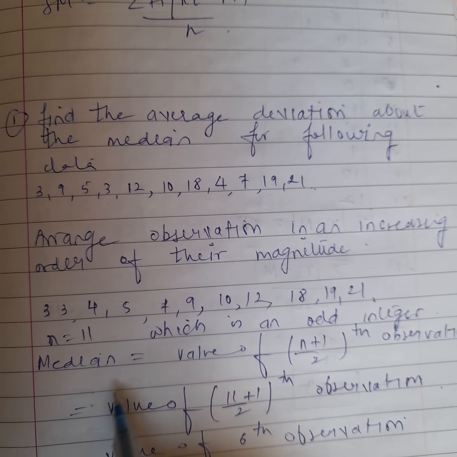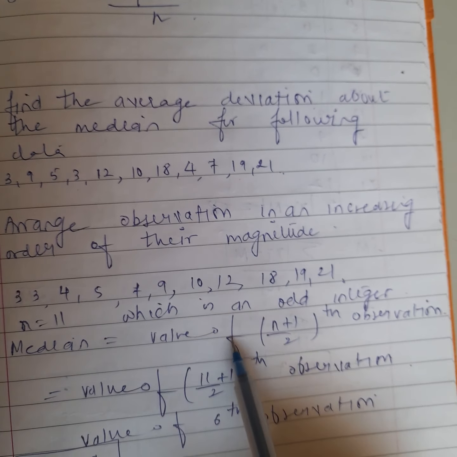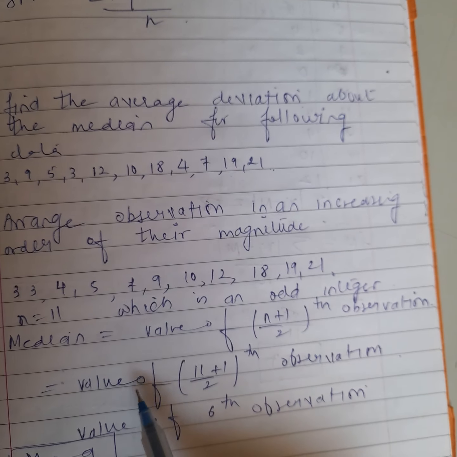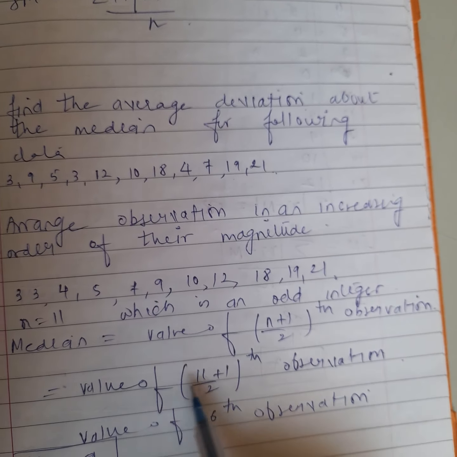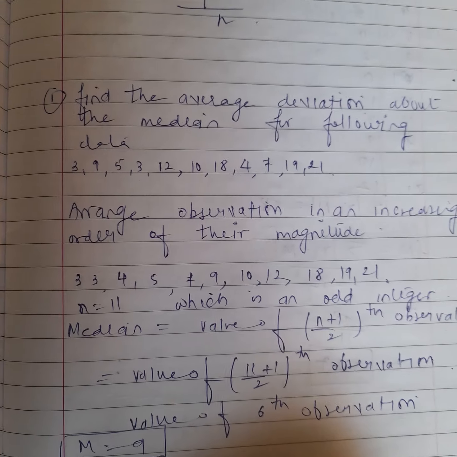So if n is odd, the median is the value of the (n plus 1) by 2 observation. So (11 plus 1) divided by 2 gives the 6th observation. When we count 1, 2, 3, 4, 5, 6, at the 6th position the value is 9. Therefore the median is 9.